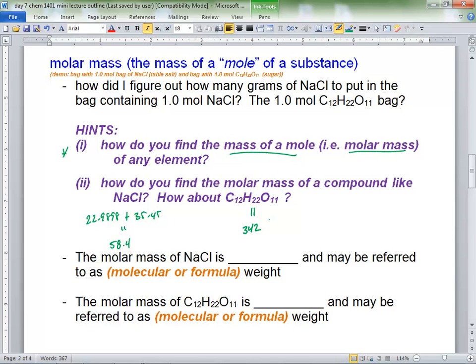Did you get 342? Okay. I think you're doing it right if you get 342, because several of us got it. Okay? So that's the molar mass of sugar.